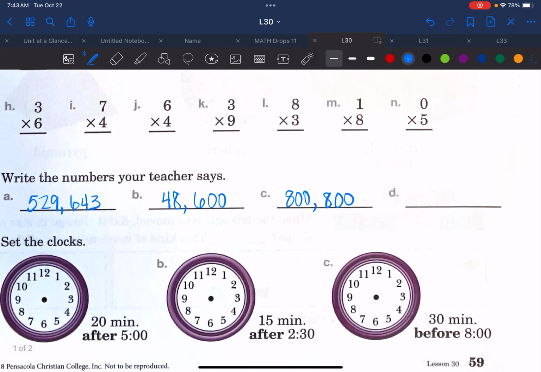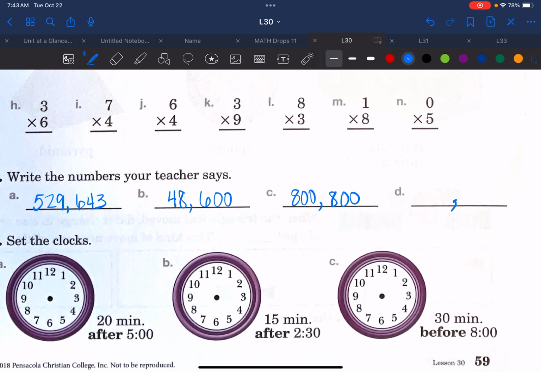And the last one, 302,410. So first, before the 1,000, it said 302.